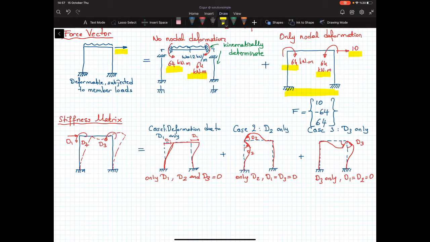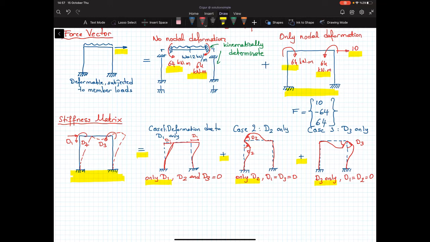So with this equality, we are saying that the total deformed shape of this structure is equal to deformation due to D1 plus deformation due to D2 plus deformation due to D3. So when you add these deformations, you obtain the final deformed state of the structure.